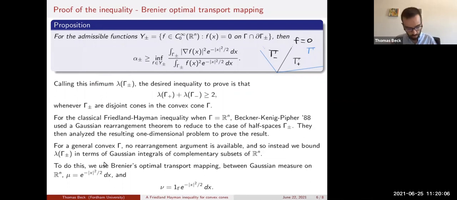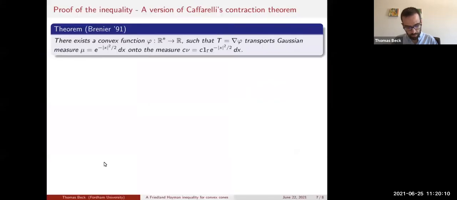So what does Brenier's optimal transport mapping tell us? Well, the theorem tells us that the transport mapping is the gradient of a convex function between these two measures.